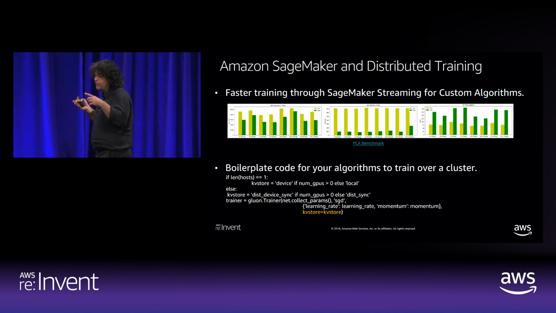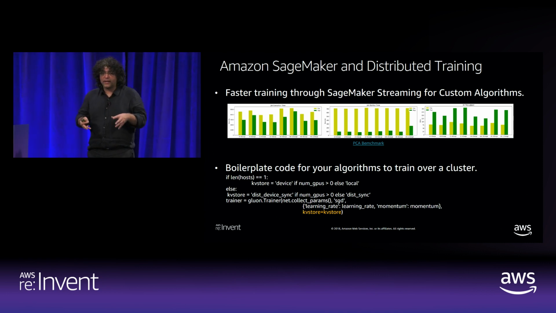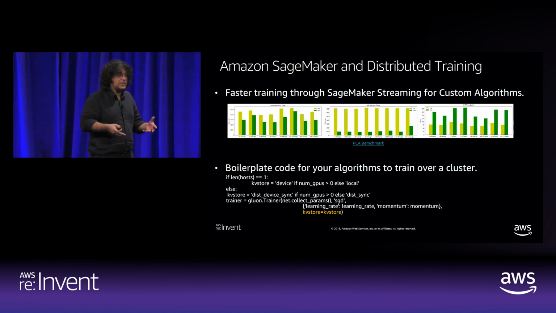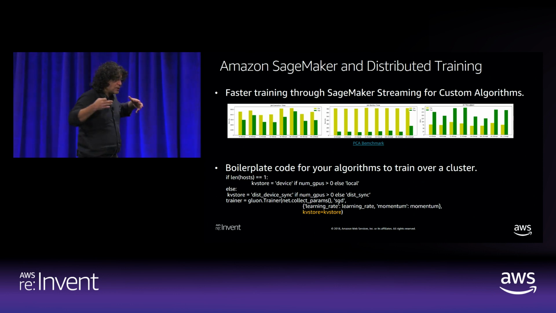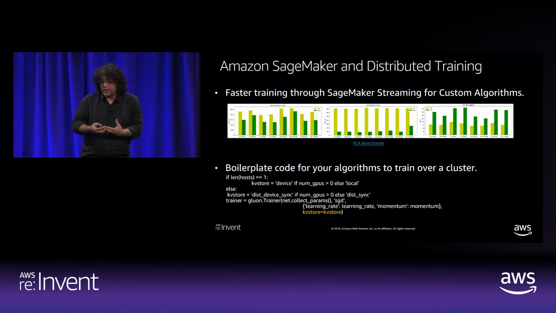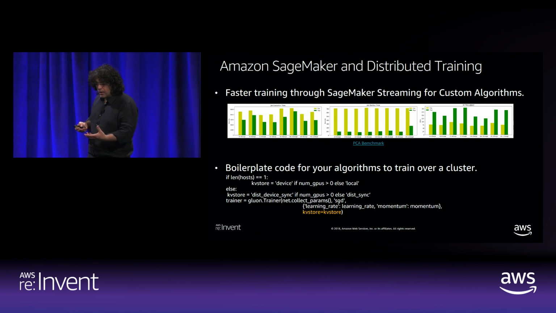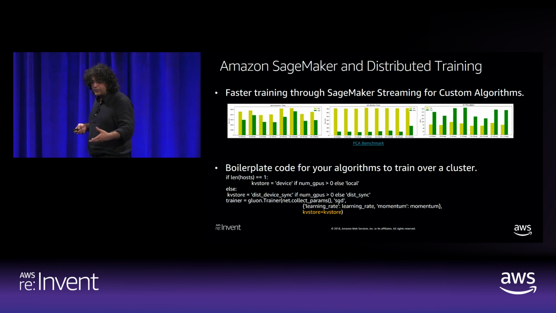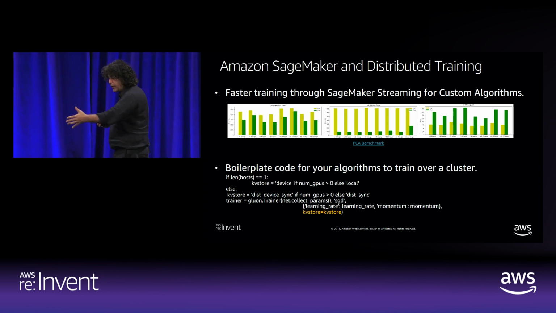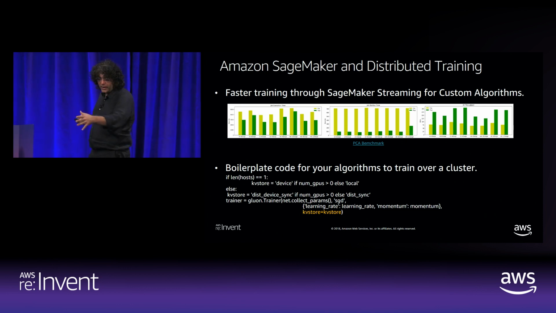Because your bottleneck almost always is I/O, not compute. It's called feeding the beast. Feeding the GPU is a very difficult task because it's so hungry and it just keeps eating your data, and giving it enough data to make it work is not easy. So through streaming, you have a fast pipeline pumping data to your framework.